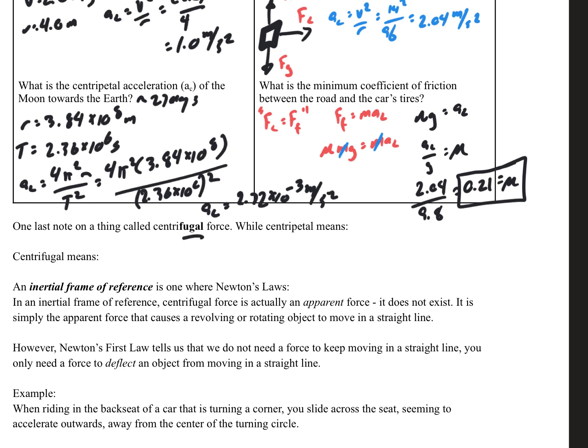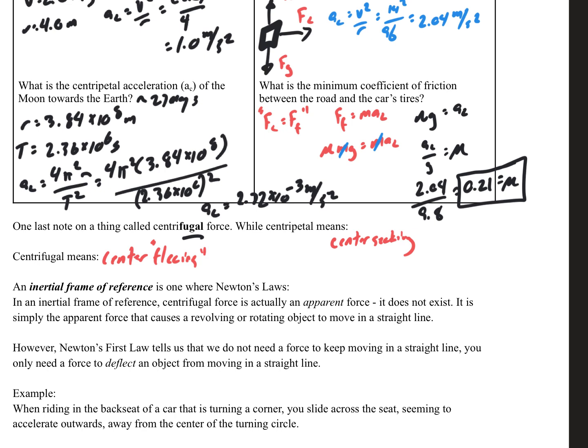There's something called a centrifugal force, right? If centripetal means center seeking, centrifugal means center fleeing. That's the sensation that when you're moving in a circle, you're trying to fly away from the center.